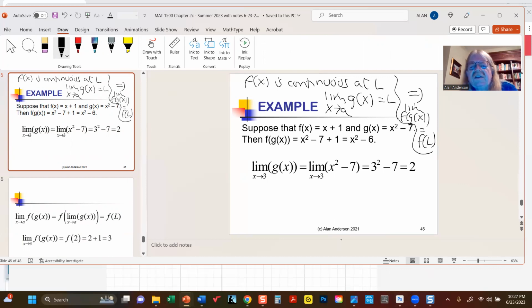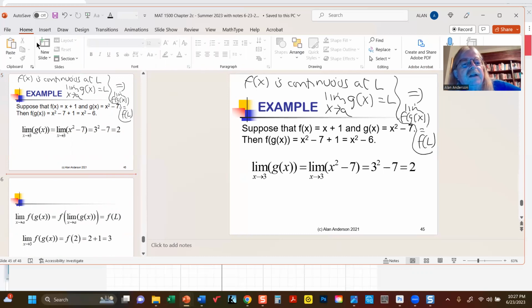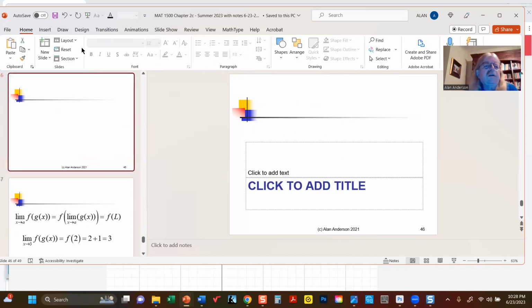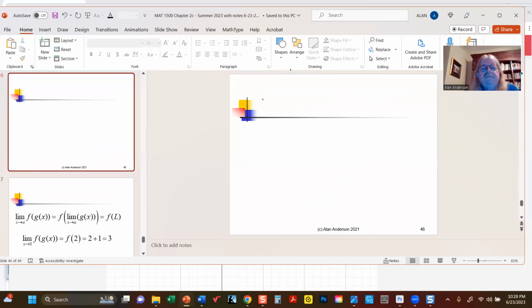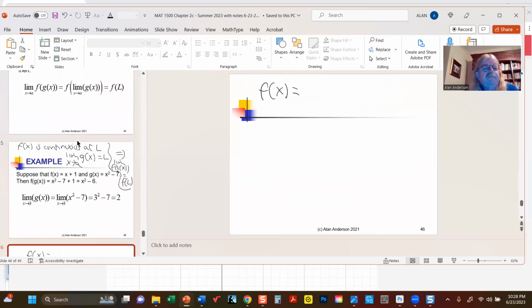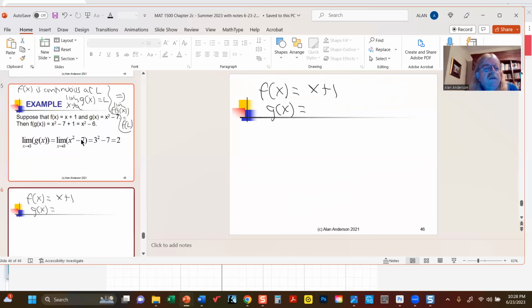All right, so let's see what this is all about. First, by the way, I just want to show you again how to calculate a composite function. We're told here f of x is x plus 1, g of x is x squared minus 7.